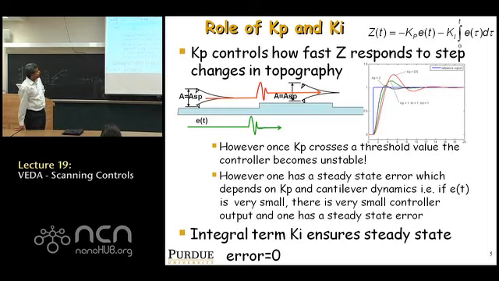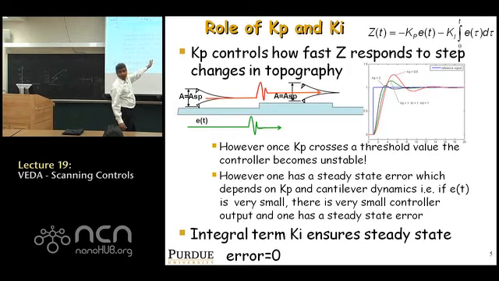Kp, what it does is, here's an example of a simple second-order system. This is not the same as our AFM system, but just for a second-order oscillator-like system, when you have a step input, how does the presence of a proportional controller follow the blue curve?